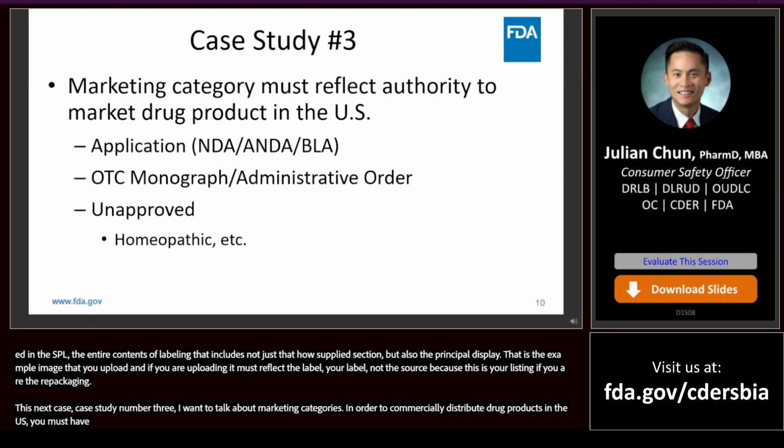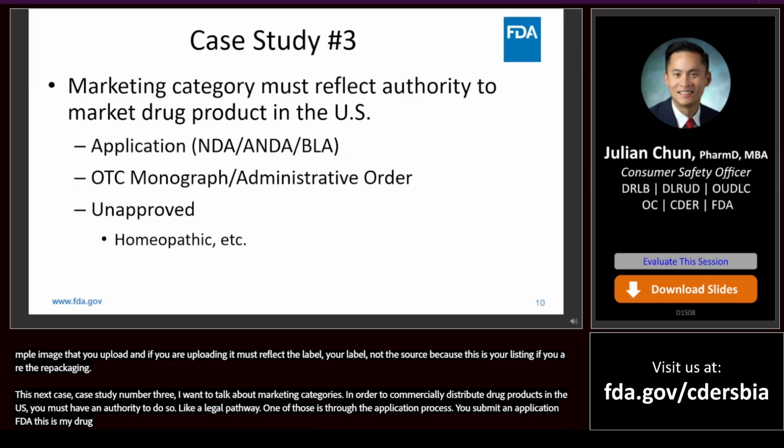One of those is through the application process. You submit an application with FDA: this is my drug, this is how I'm going to use it, this is the labeling, everything. And we review it, and then we approve it or reject it. And if it's approved, your application will get a number that you can cite in your listing.